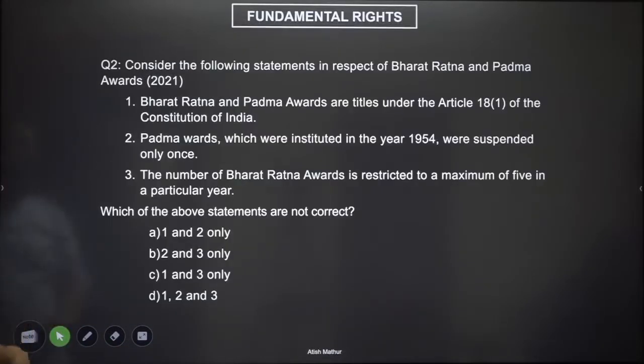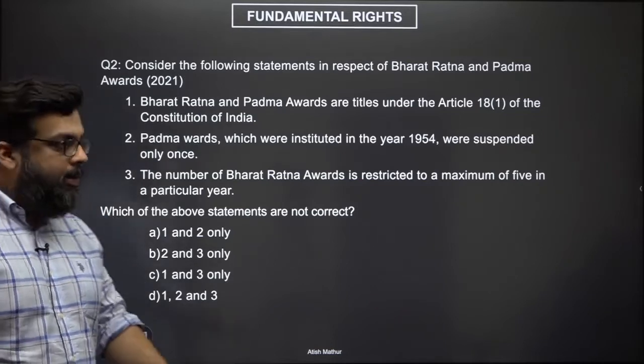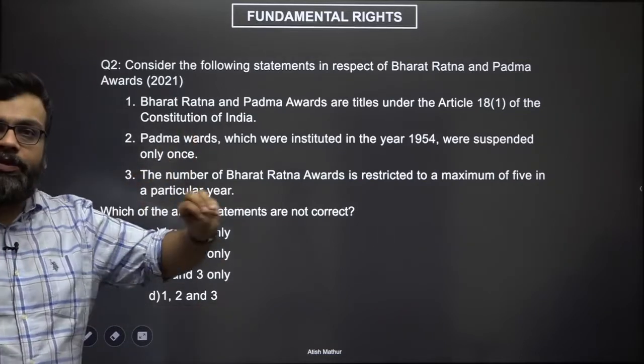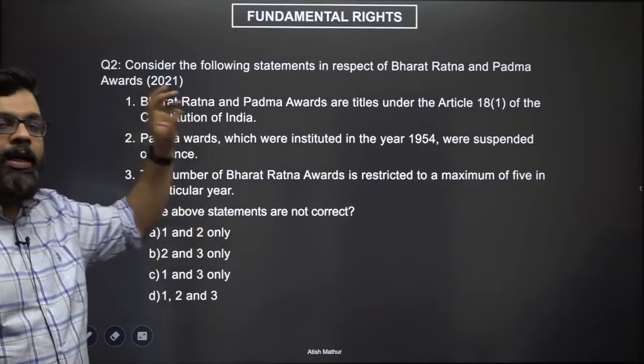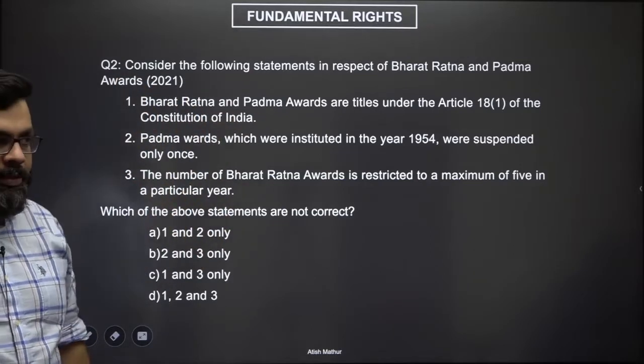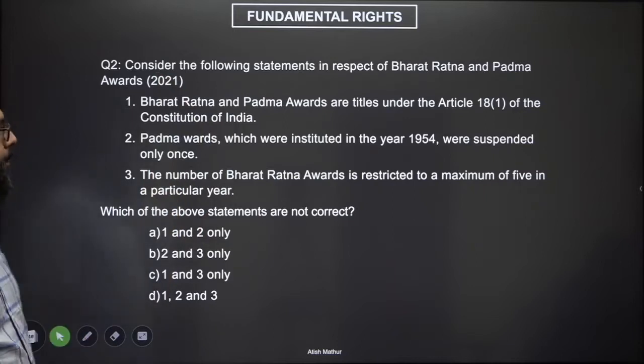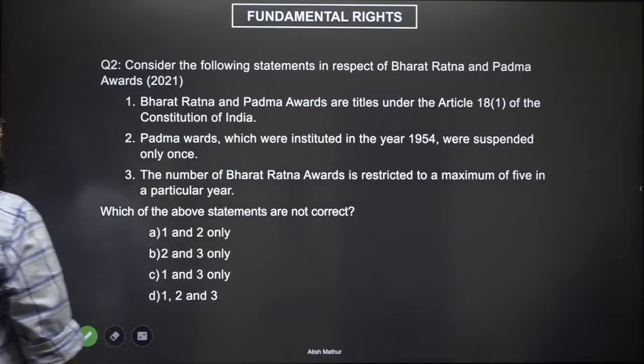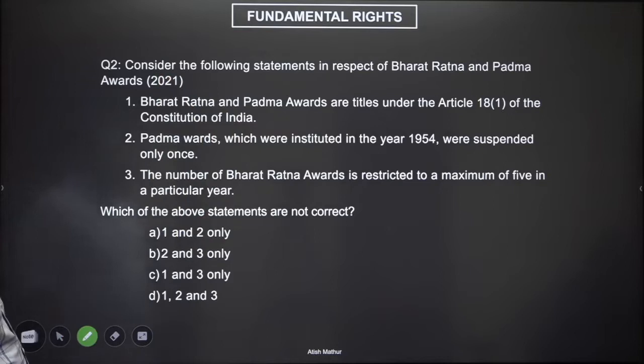There you go. Now, a difficult question. How would you do it? Because 90% of the students who wrote the exam last year did not know how to solve this question. Let us see if we can. Consider the following statements in respect to Bharat Ratna and Padma awards. Statement number 1.